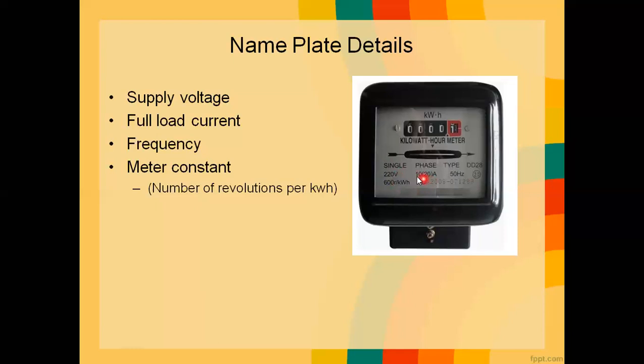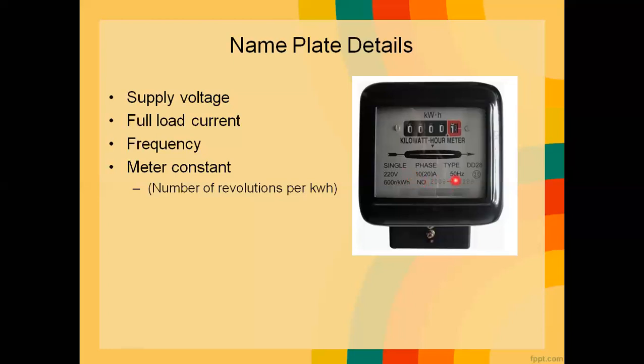We have the current coil, that is, two limbs of a U-shaped core, and two current coils, but they are connected in series. We can also connect them in parallel to increase the current rating. If so, then we can operate the same meter for 20 amperes. If they are connected in series, we can operate them at 10 amperes.